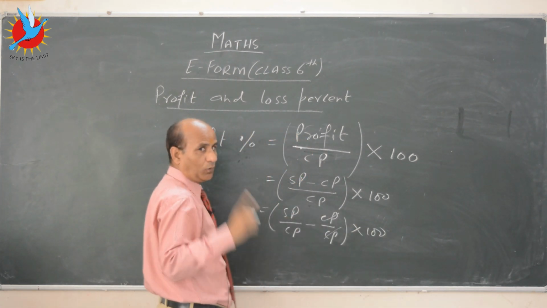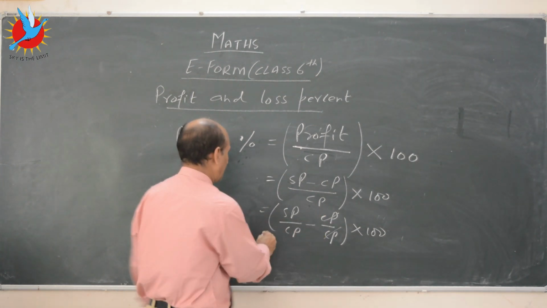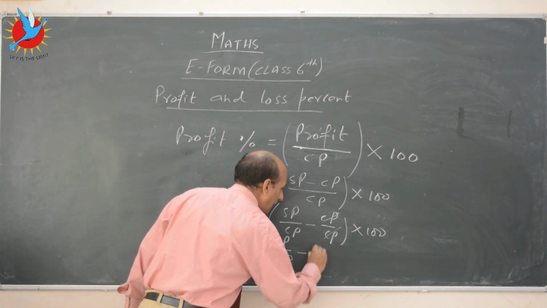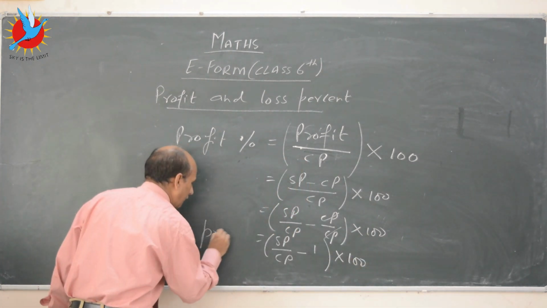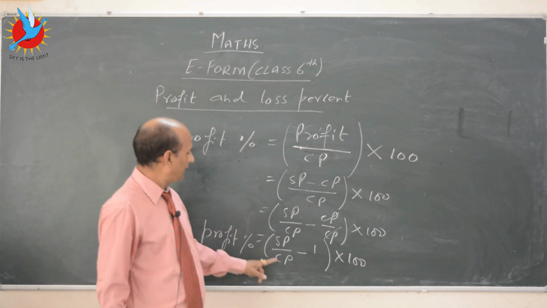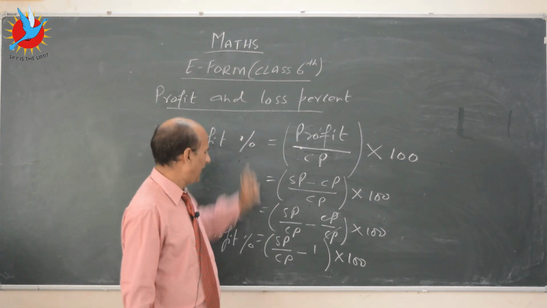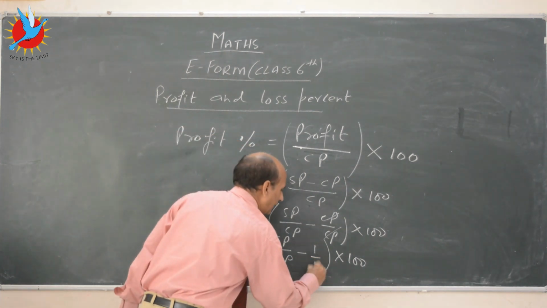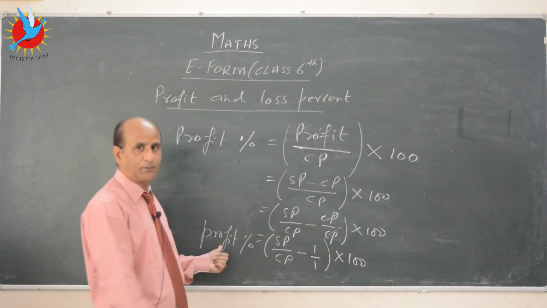CP is cancelled. What is left? When both the figures are cancelled, then 1 is left. Then it is SP upon CP minus 1, into 100. You can use this formula also. When selling price and cost price are given, then instead of using this, you can directly find the profit percent by using this. You can take 1 upon 1 also and then solve it and multiply it by 100, and you will get the profit percent.